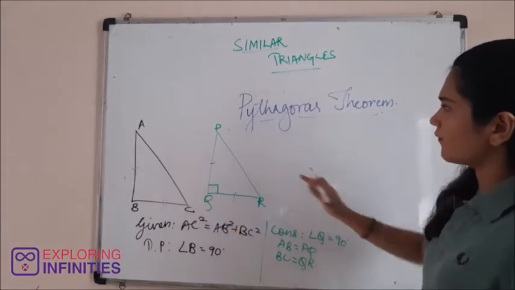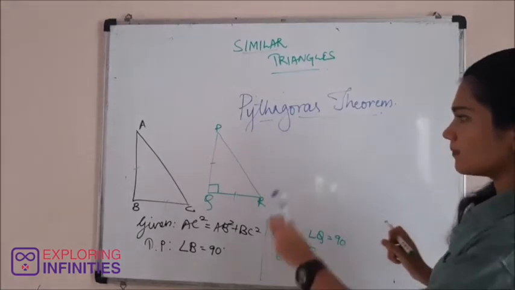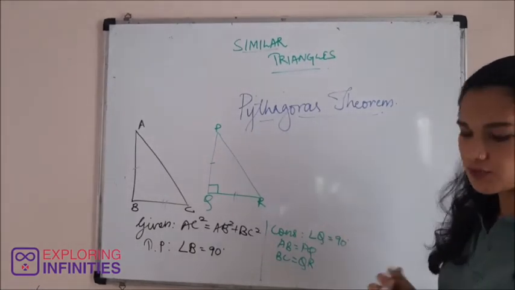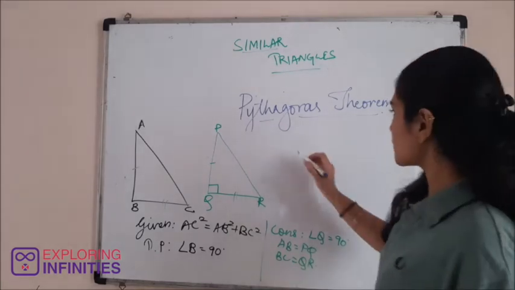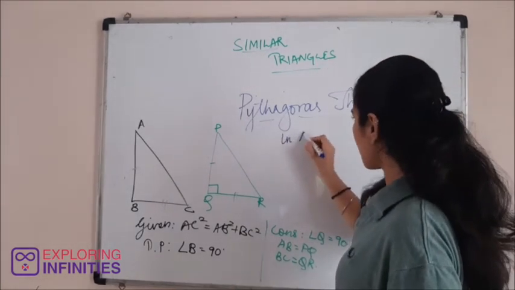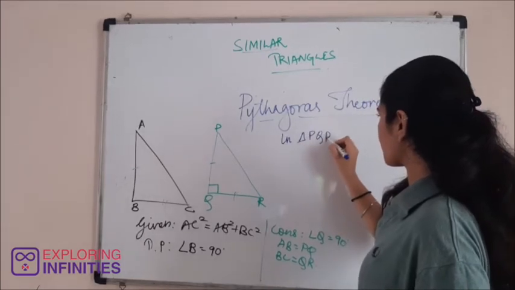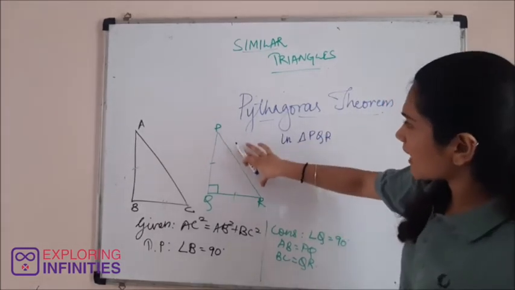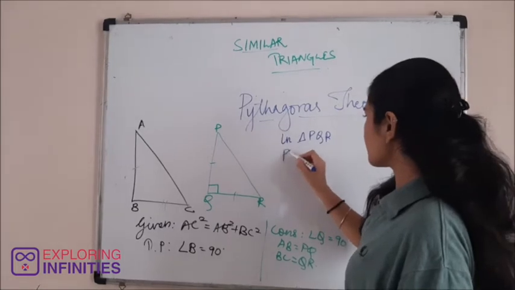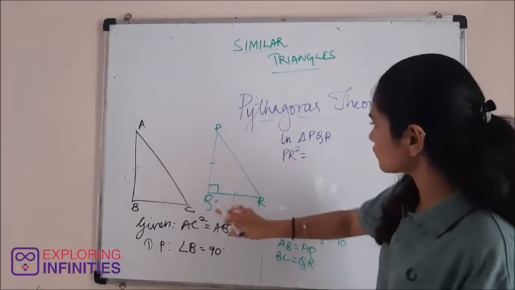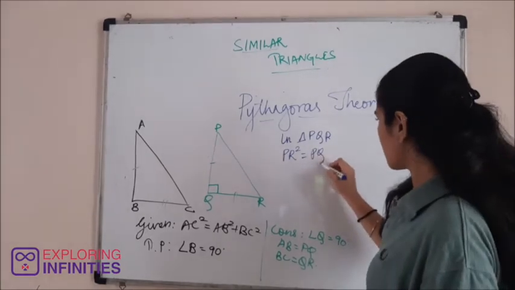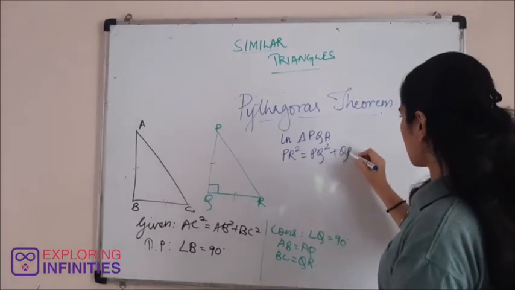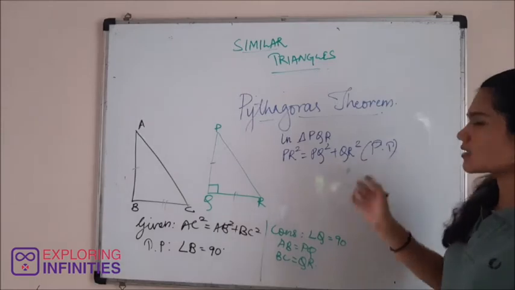Now, in this triangle PQR wherein angle Q is 90 degrees, what can we find? From the Pythagoras theorem, we can say that in triangle PQR, what is the hypotenuse? PR. So we can say PR square equals PQ square plus QR square. It is the Pythagoras theorem that we just learned.